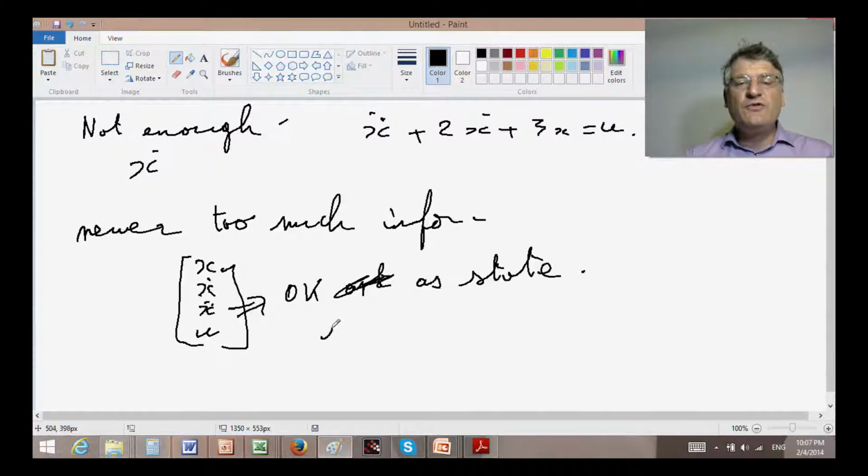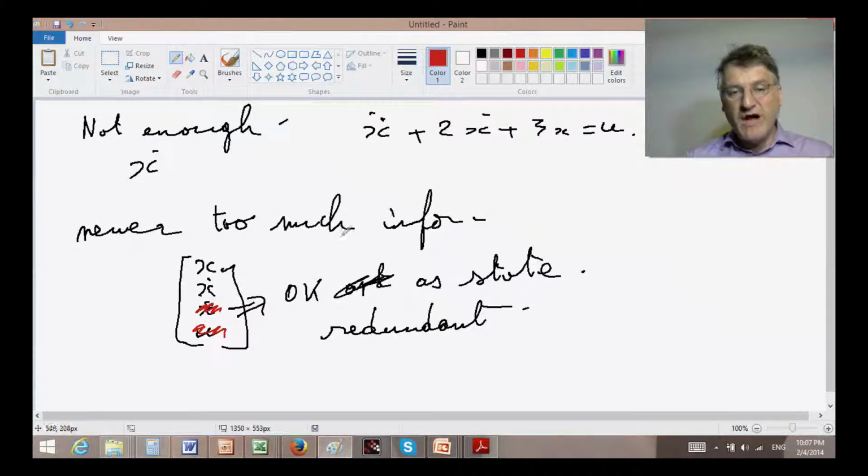It just happens to be redundant, meaning there are things that you don't need to remember in here. To be more precise, you can, for example, cross out x double dot and u. But if you keep them, you're fine.